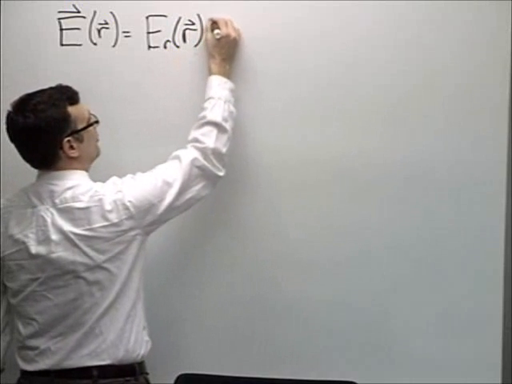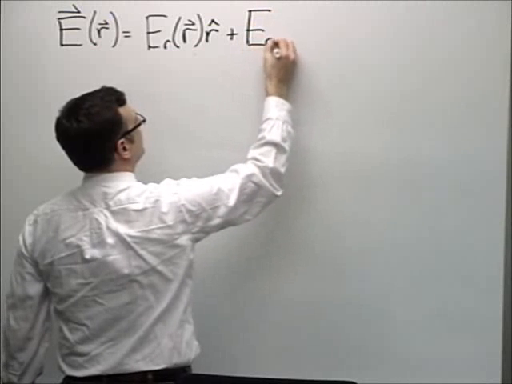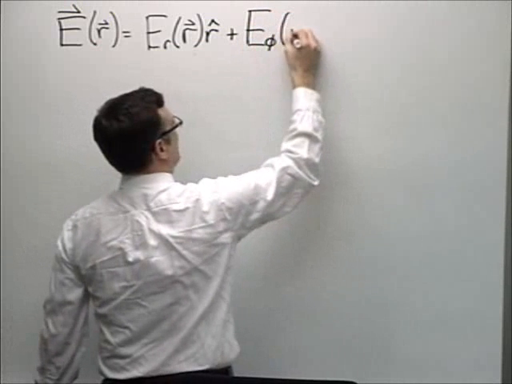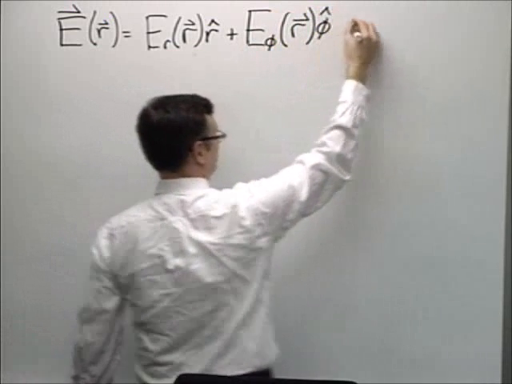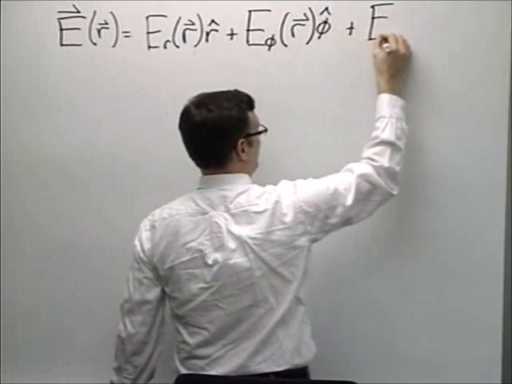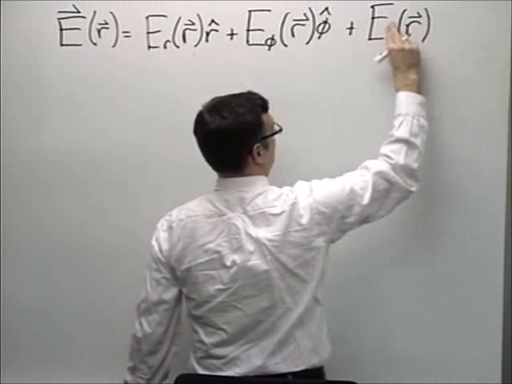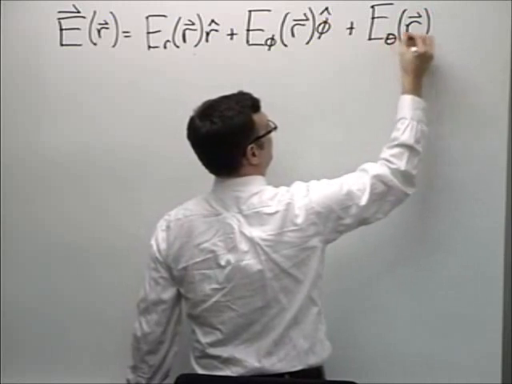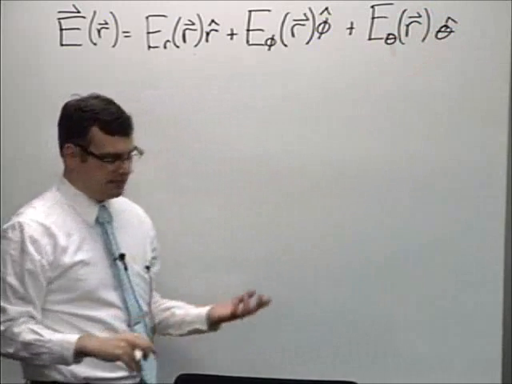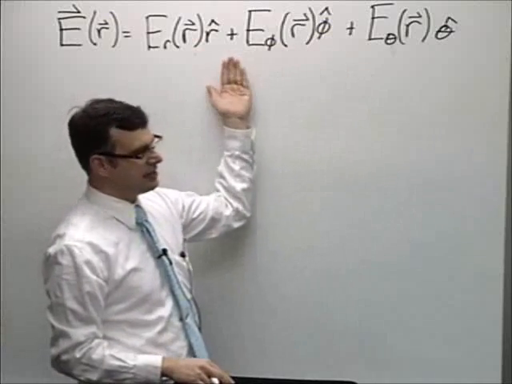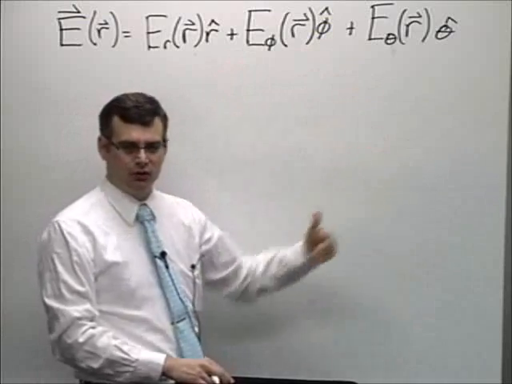That would be in the r hat direction. I would have a phi component in the phi hat direction, and a theta component in the theta hat direction. There are some problems where it's much easier to decompose a field at a point with this kind of sliding spherical coordinate system.